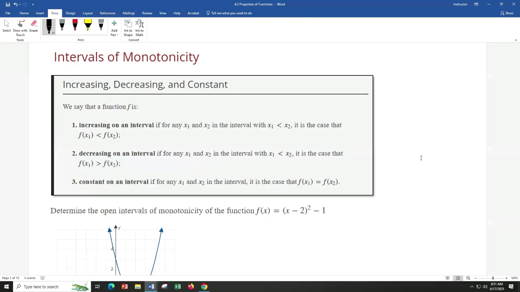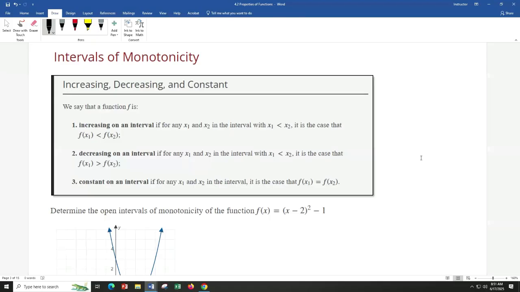No, your x1 has to be your smaller point. So if I'm going from 0 to infinity, I can't use 2 and then 1. I have to go 1 and then 2, or 1 and then 3, or whatever. Same thing going negative. I have to use -2 and then -1, because -2 is smaller. That's what that's saying.